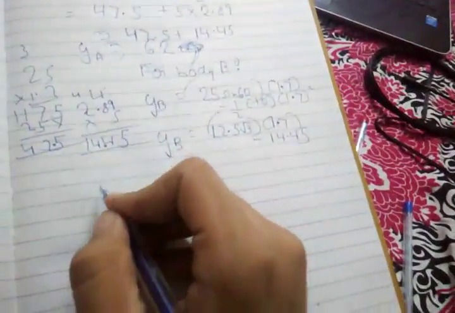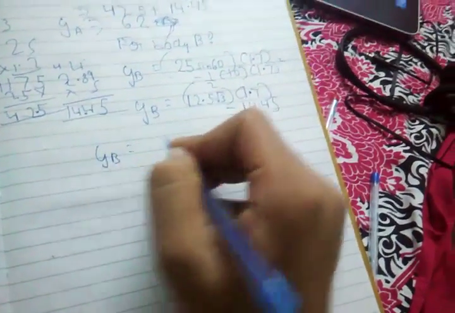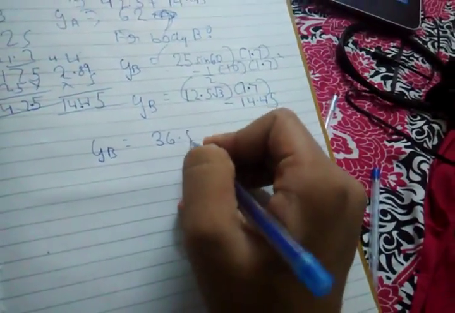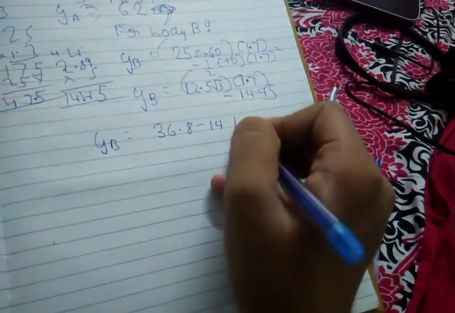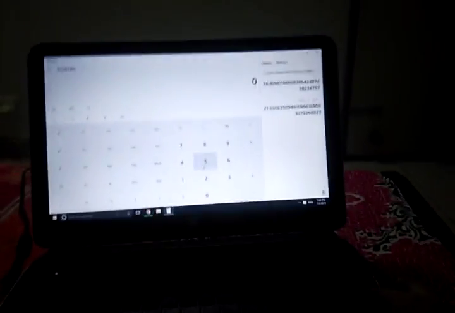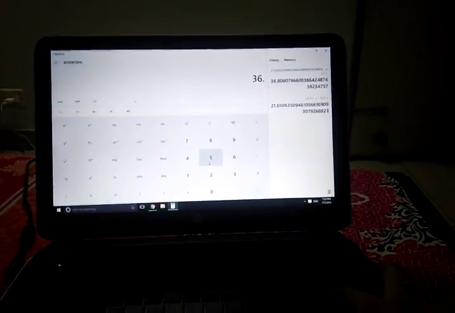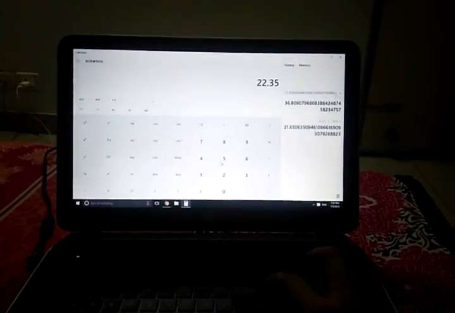We will write YB is equal to 36.8 minus 14.45, which gives us 22.35.